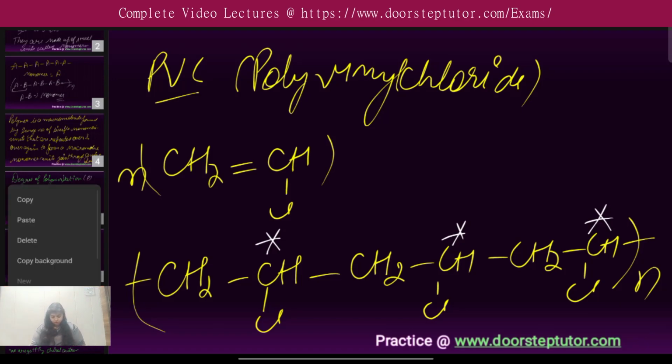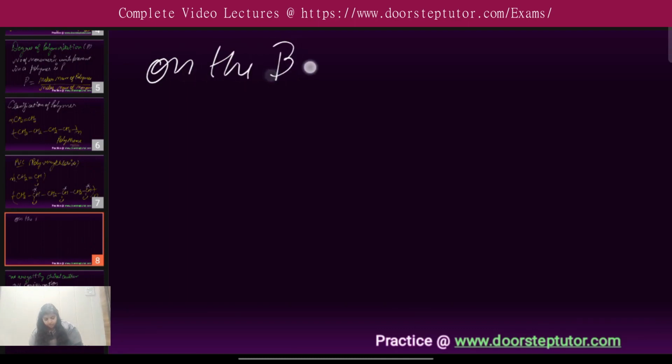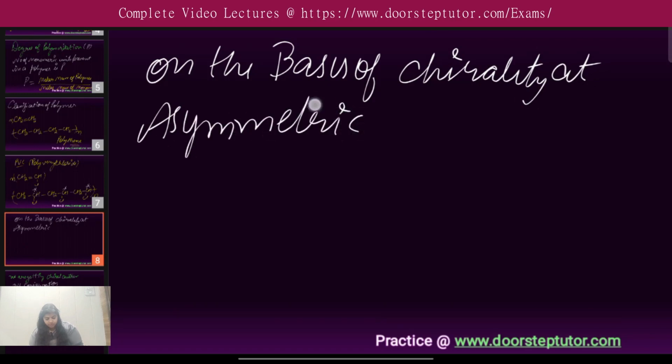On the basis of the chirality at the asymmetric centers, we can classify them into three categories.